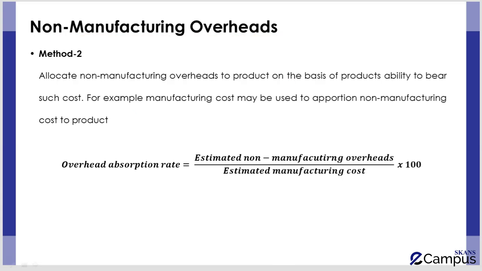The second method is to allocate non-manufacturing overheads to products on the basis of the product's ability to bear such cost. For example, manufacturing cost may be used to apportion non-manufacturing cost to products by using an overhead absorption rate.